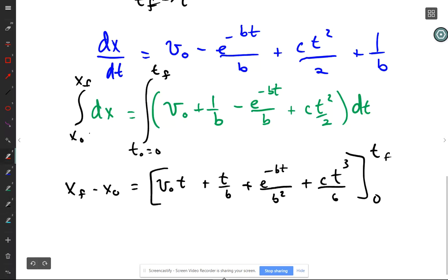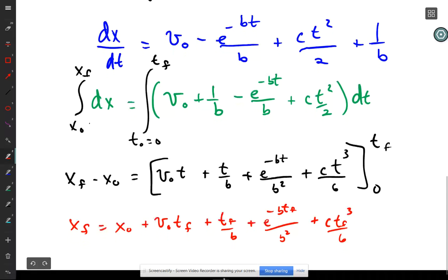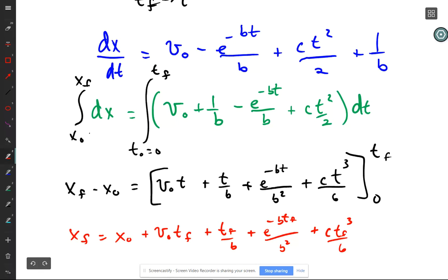So if I solve this for x final, move the x initial over, and I'm out of space.